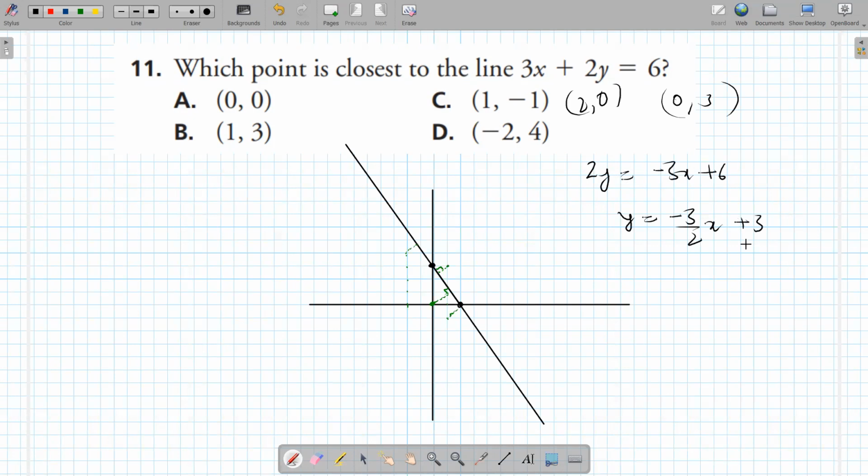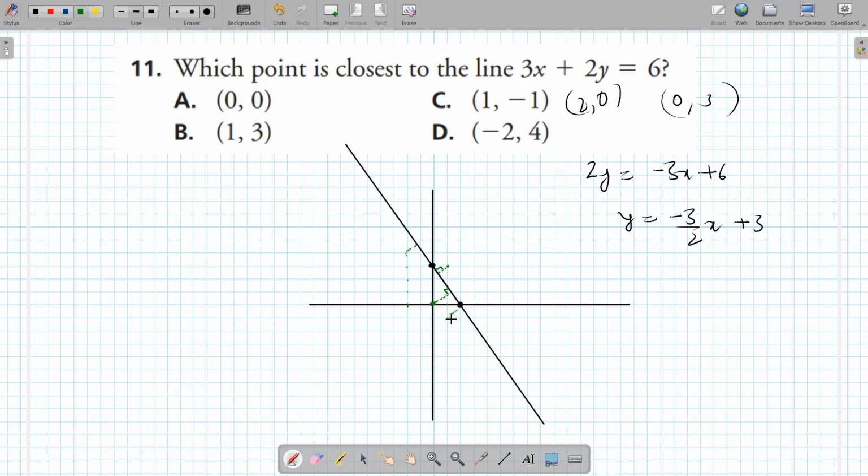If something is perpendicular, how are the slopes related? It's the negative reciprocal. So what's the negative reciprocal of negative 3 over 2? It's 2 over 3. You see all these dotted green lines?